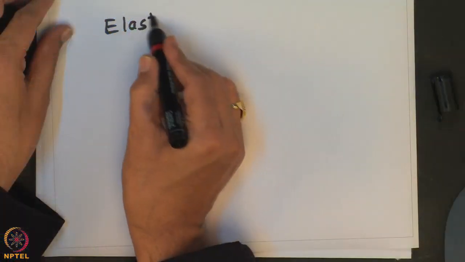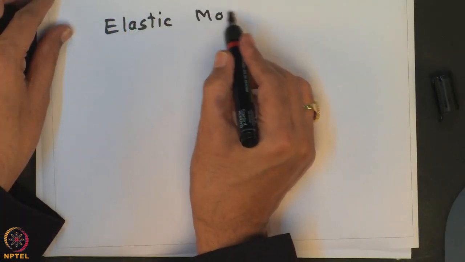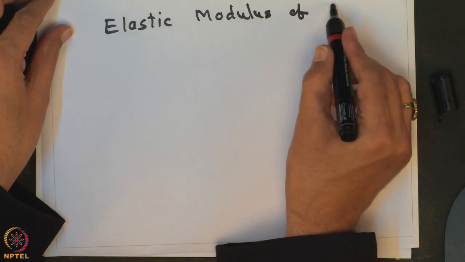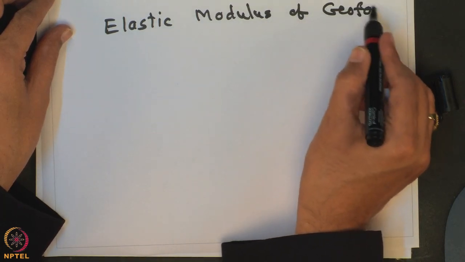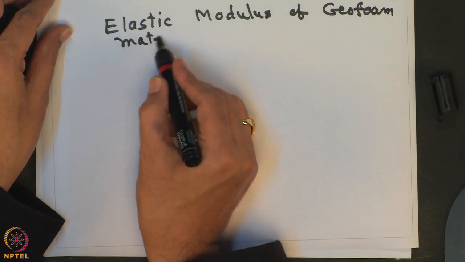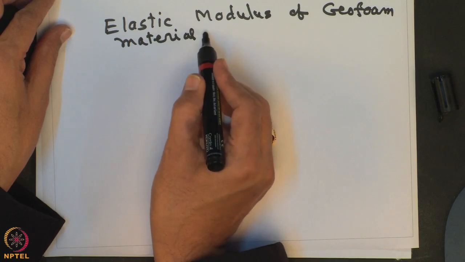Apart from this moment of inertia strain, you can also determine what should be the elastic modulus of the EPS geoform material. So, elastic modulus of geoform material, how to calculate.